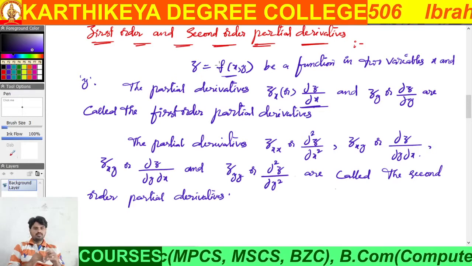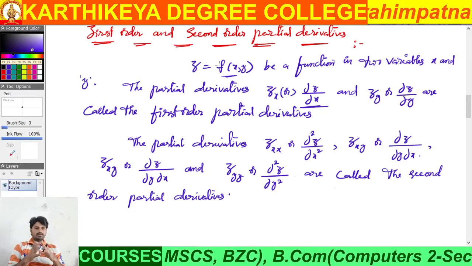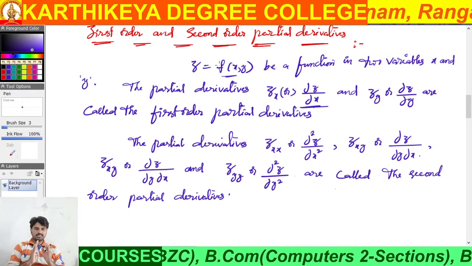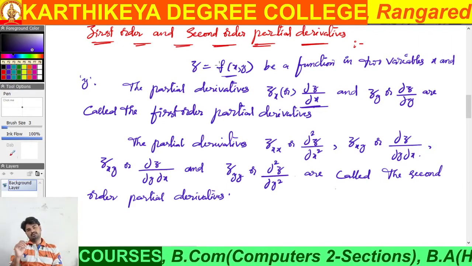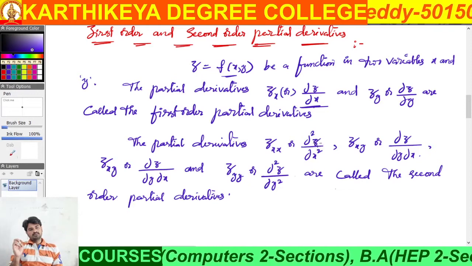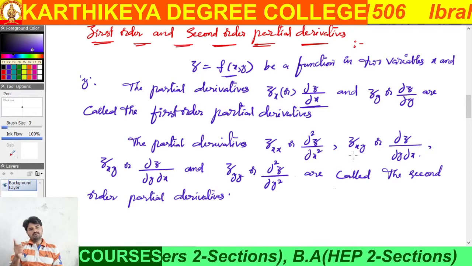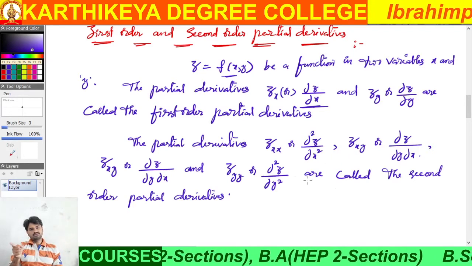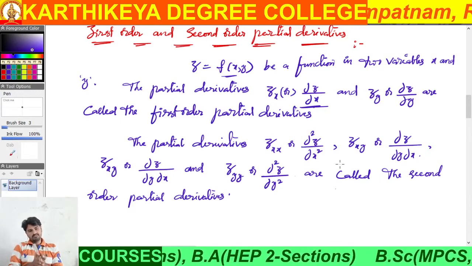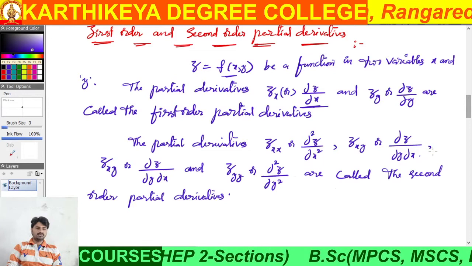Whatever is possible, you can do either x or y. So there are four second order partial derivatives. They are: the derivative of the function with respect to x twice, with respect to y twice, and twice with one time x and one time y. So they are the second order and first order partial derivatives.